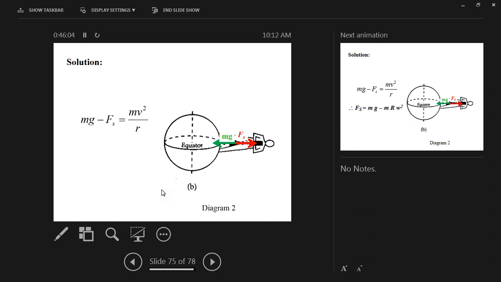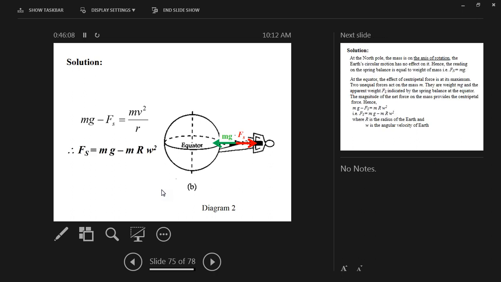So what will be the reading on the scale? If I make Fs the subject, you see that the reading on the scale will be mg minus the centripetal force. So for all of us here, we are at the equator. When we stand on the scale, actually we weigh like it's not our true weight, because there is part of the weight that is used to provide the centripetal force.